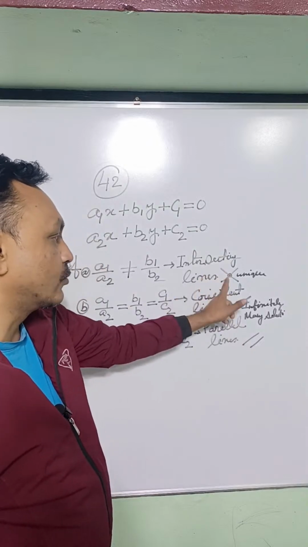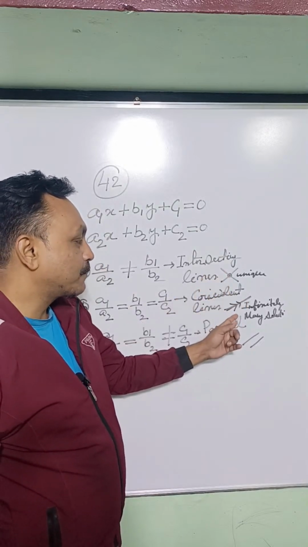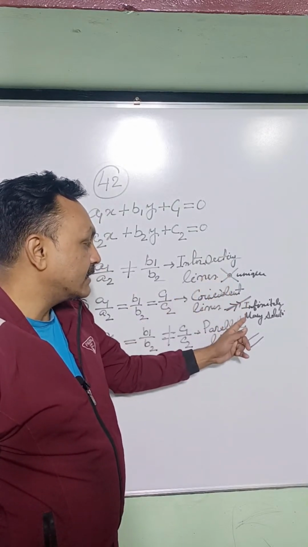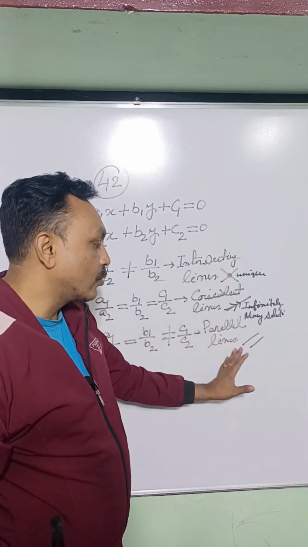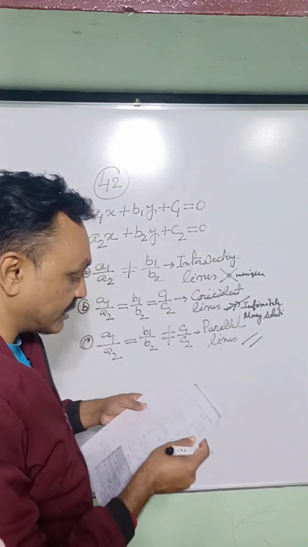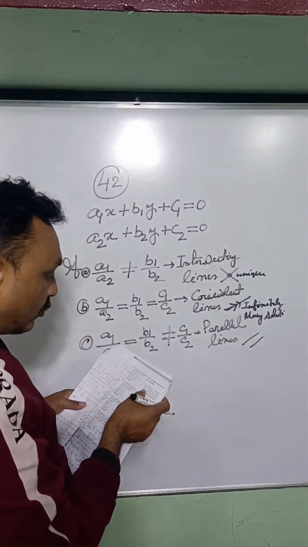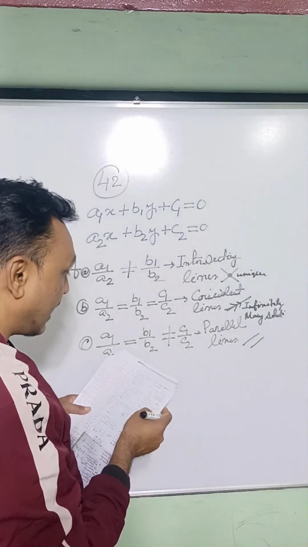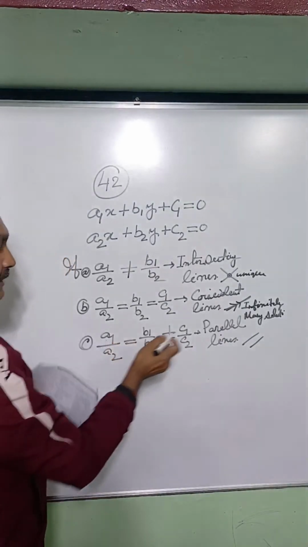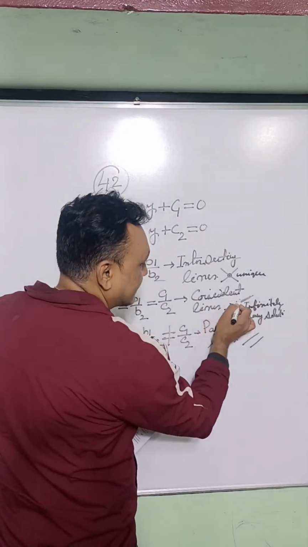The first case has a unique solution. In the second case, there are infinitely many solutions. If there is a solution, that means they are consistent. If there is no solution, that means inconsistent. But the question says the graphs of the two lines pass through the same point, meaning they are coincident.